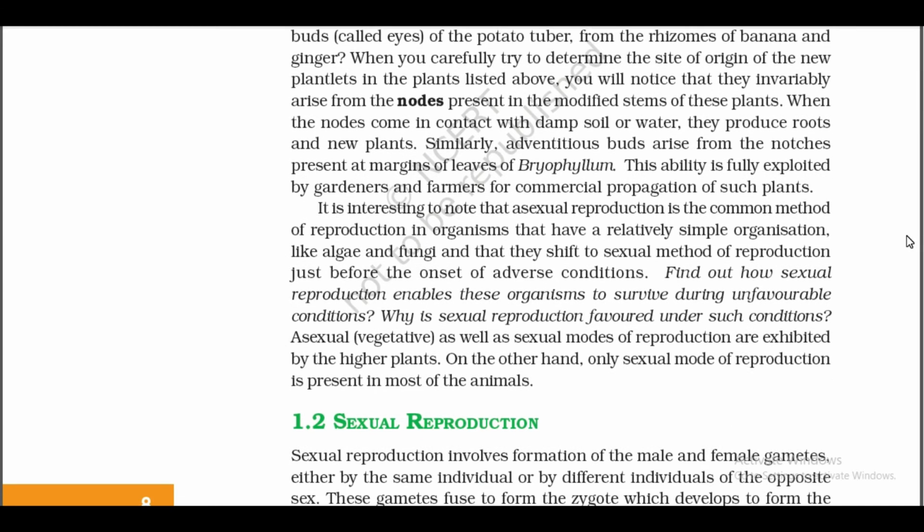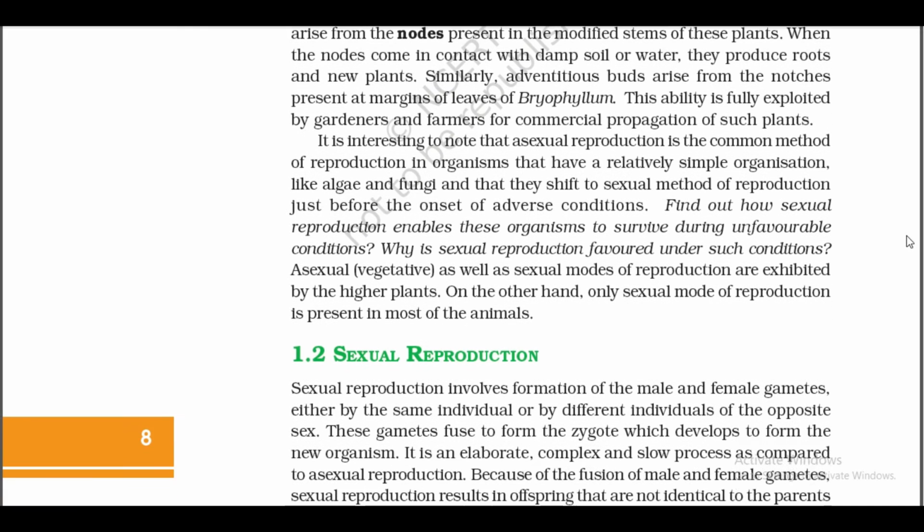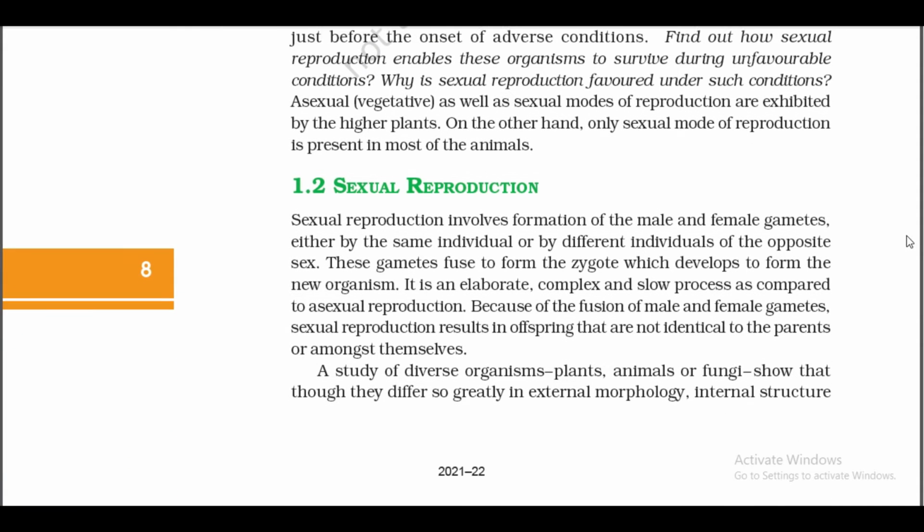Find out how sexual reproduction enables these organisms to survive during unfavorable conditions. Why is sexual reproduction favored under such conditions? Asexual, vegetative as well as sexual modes of reproduction are exhibited by higher plants. On the other hand, only sexual mode of reproduction is present in most of the animals.